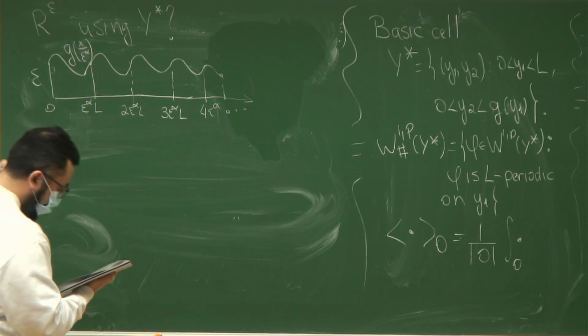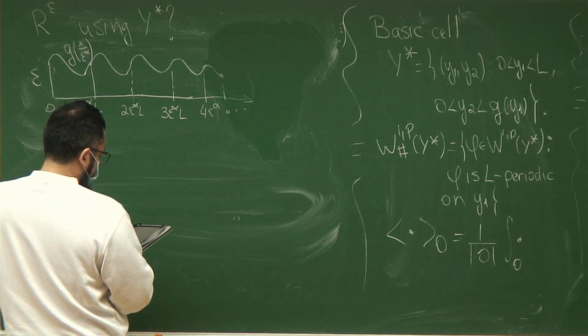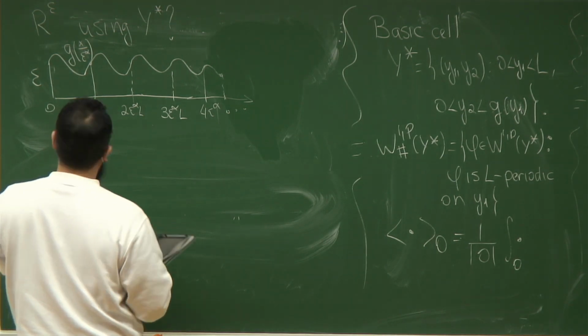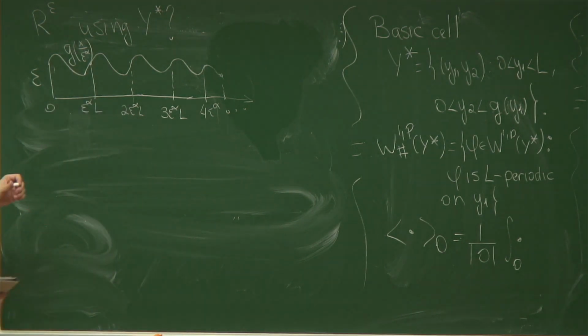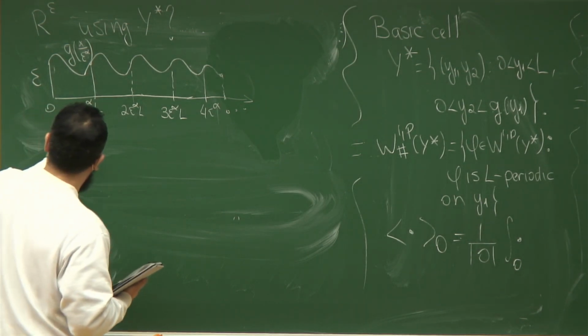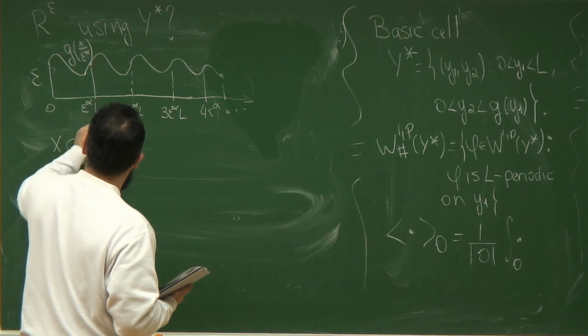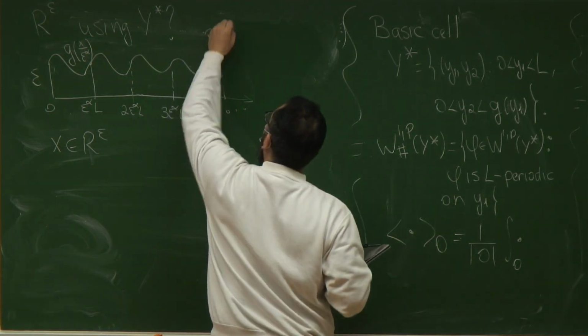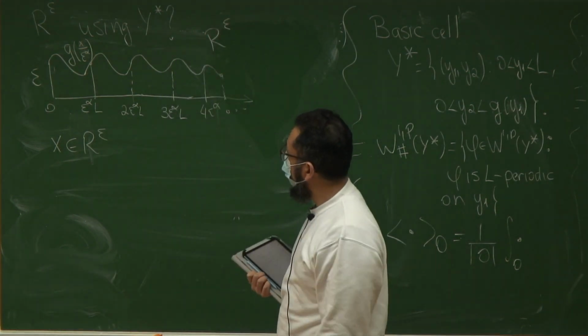Let's put some notations here. Notice that if you have a point in the domain, now you can think of it as R epsilon.